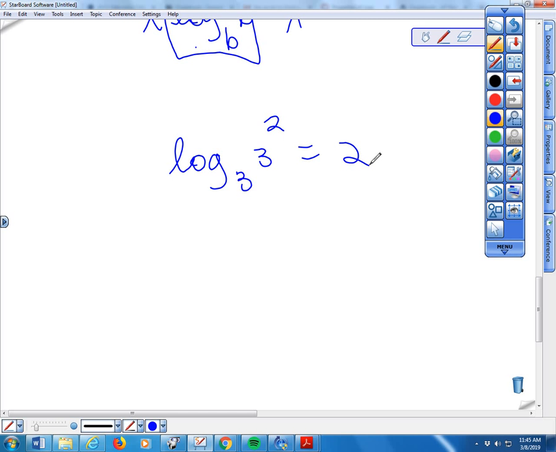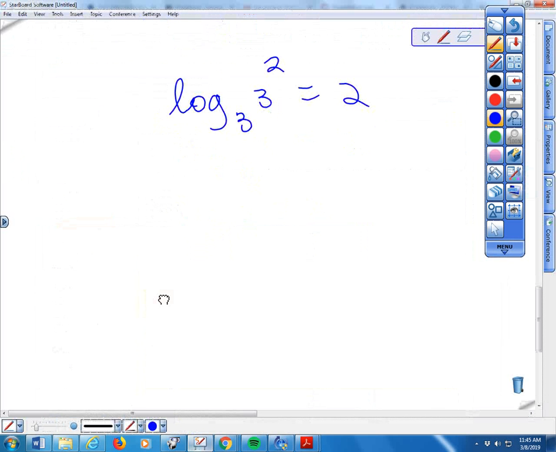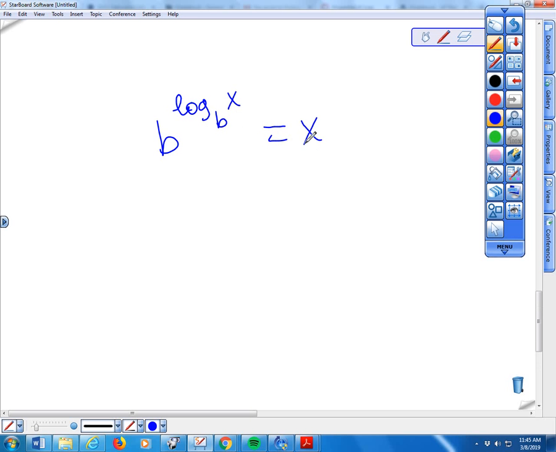Okay, and then the fourth rule, b raised to the log base b of x is equal to x. I'm trying to think the best way to explain this. I think if I take the log of both sides, this becomes log base b of x.